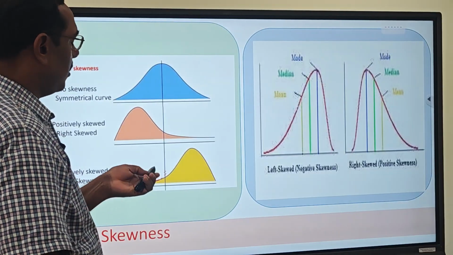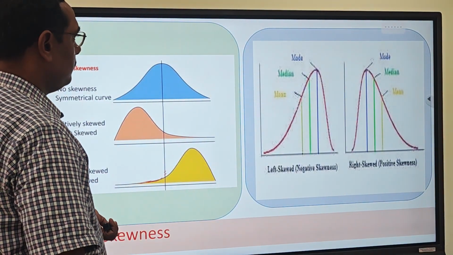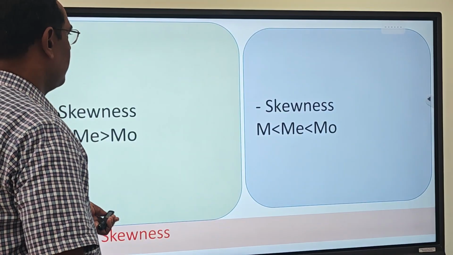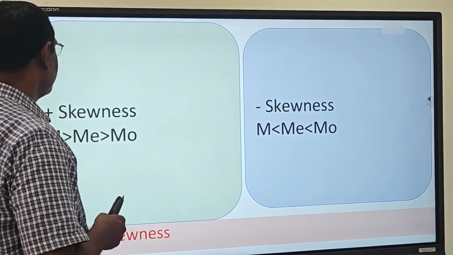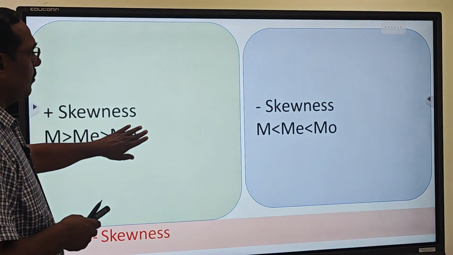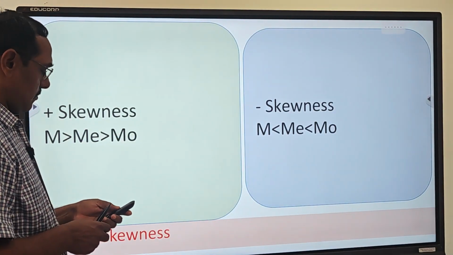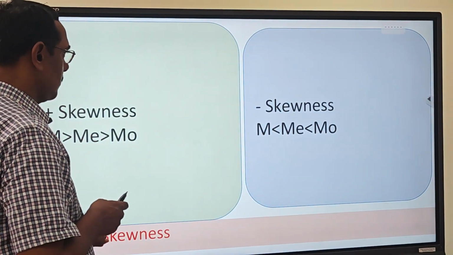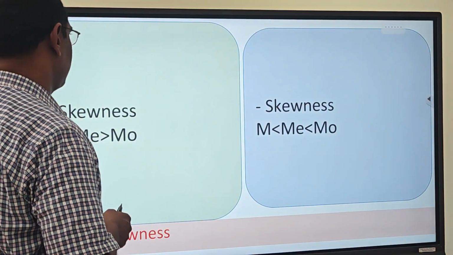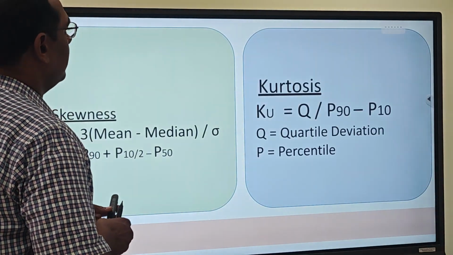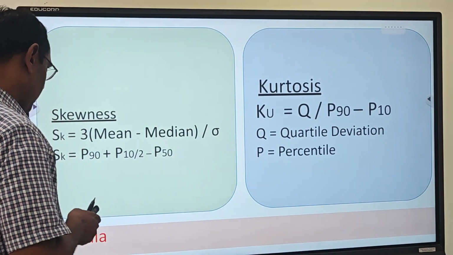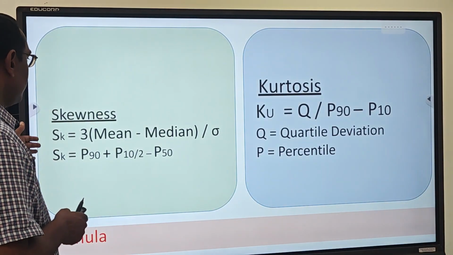Those three lines are the mean, median, and mode. Just what we said: positive skewness, the mean is more than the mode; negative skewness, the mean is less than the mode. These are the calculations. We can calculate manually.